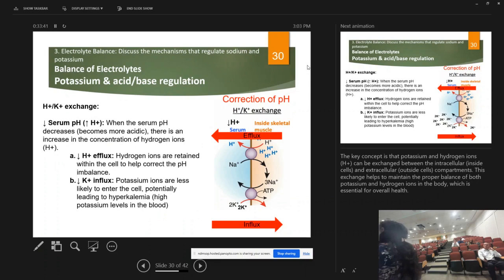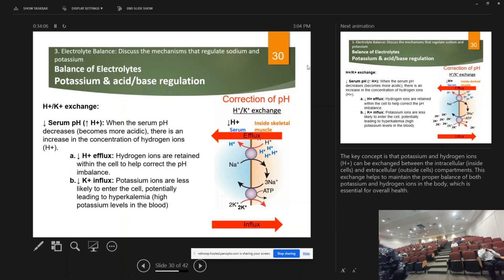Where is proton higher? Outside. Because serum pH is low here, right? So protons are high outside. So how do you prevent bringing more? By slowing this pump, so that more protons are not coming out.